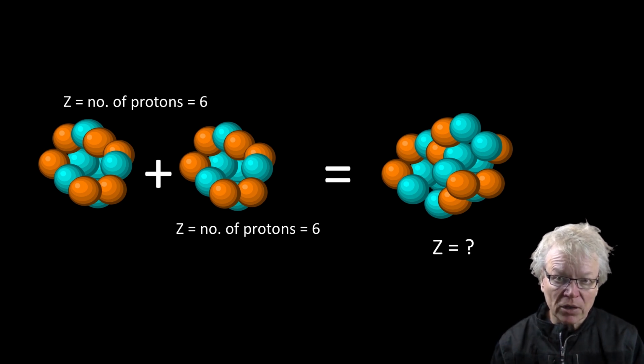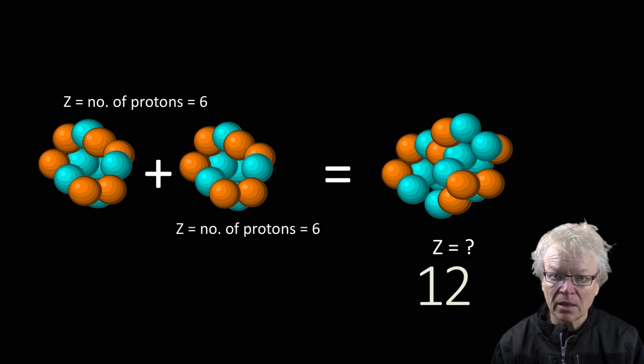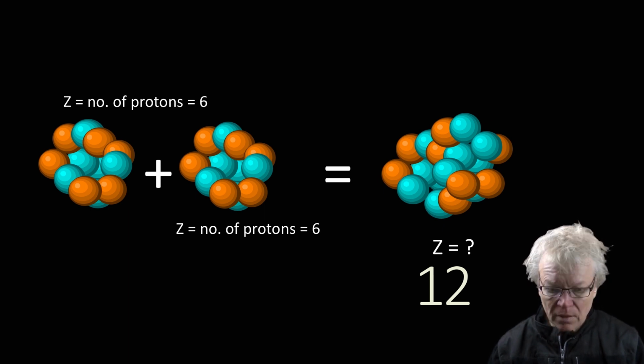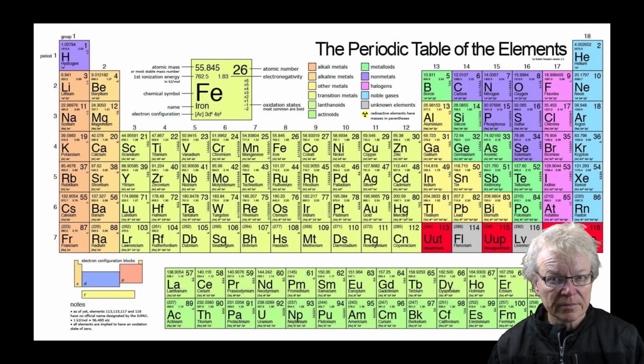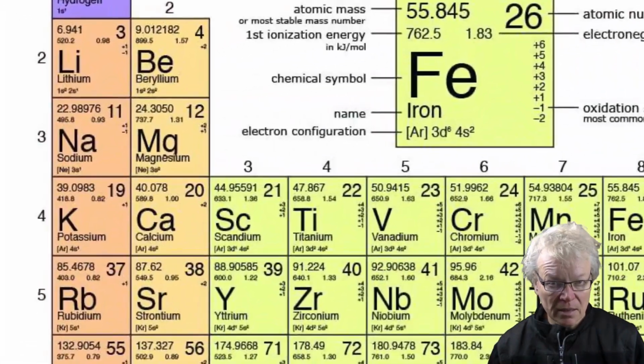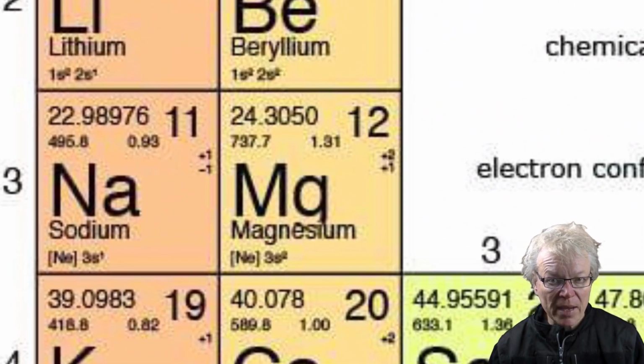So we've now got a nucleus that is twice the size. 2 elements of carbon coming together gives us a nucleus with 12 protons in it. The Z number is 12. And what element is that? Well, if we look at our periodic table of elements, you can see there is magnesium. All right, good. So that's the basics of nuclear fusion. We get a new element and we get some energy.